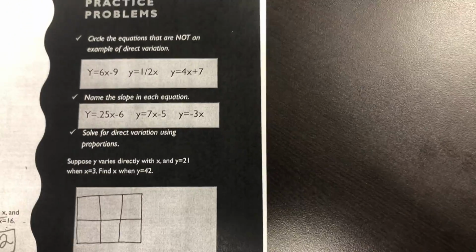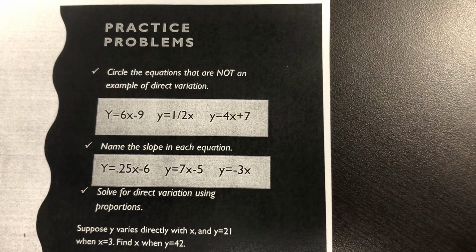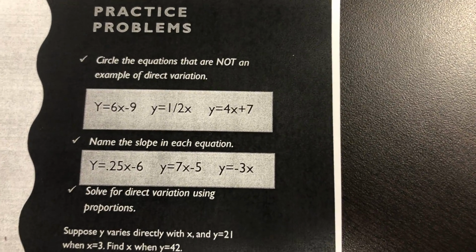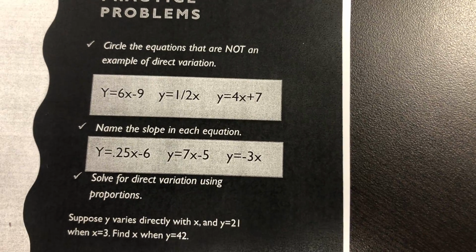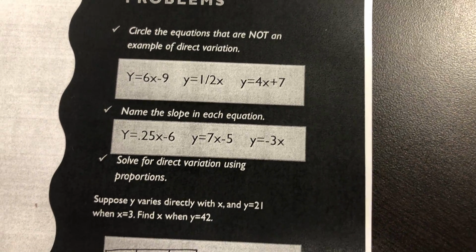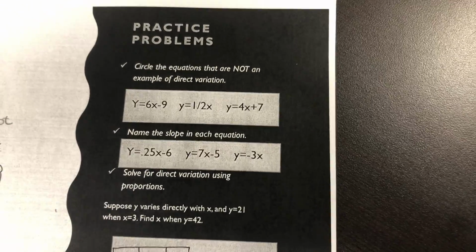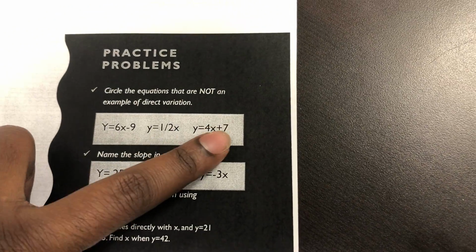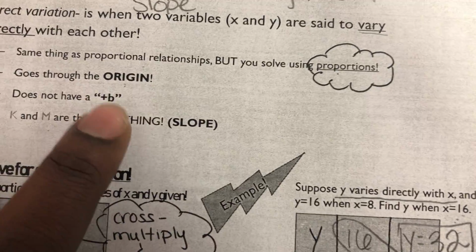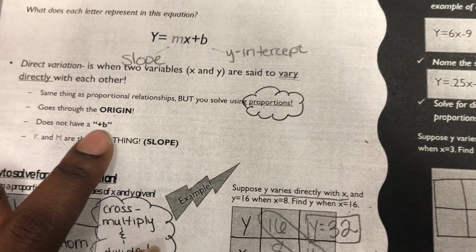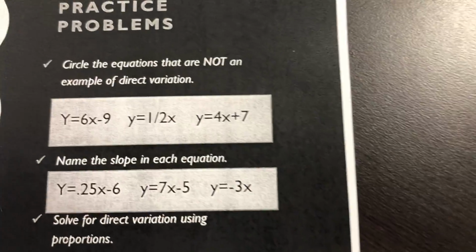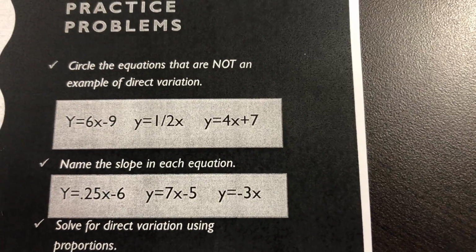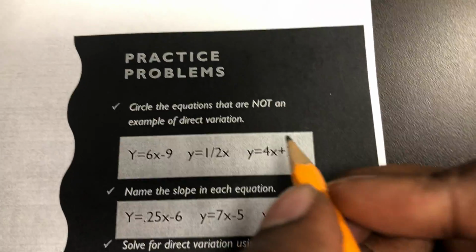All right, so here are some practice problems they wanted you to do, but we're going to just do these together. It says, circle the equations that are not an example of direct variation. So remember, we said if we're ever dealing with an equation here, we cannot have a plus b. So you can't have any number after the x. So we're going to circle the ones that are not direct variation.